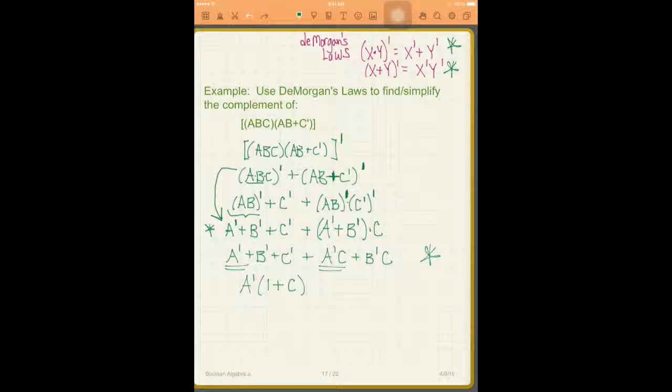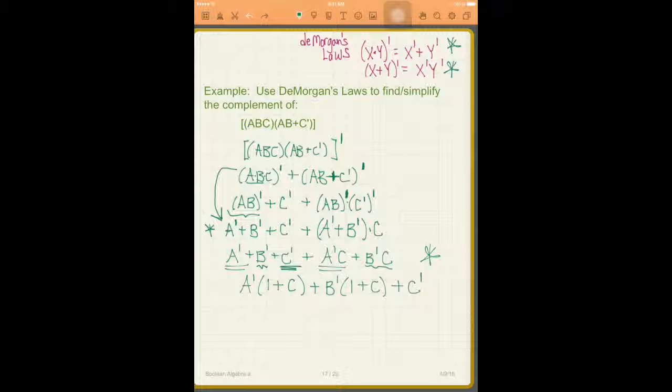Then you have B complement and B complement here, so let me distribute that, using the distributive property. And don't forget anything I have not put down yet, so C complement.